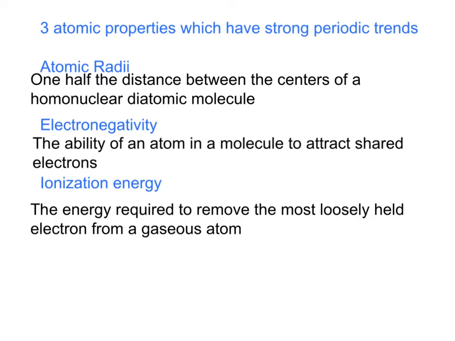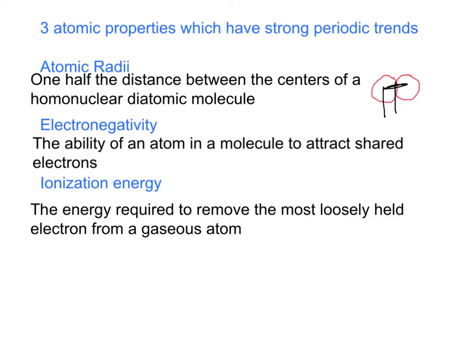So what that means in kind of normal terms, if we have a diatomic molecule, 2 atoms of the same thing that are bonded, and we measure the distance between their centers, 1/2 that distance, which would be this much, is the atomic radius.